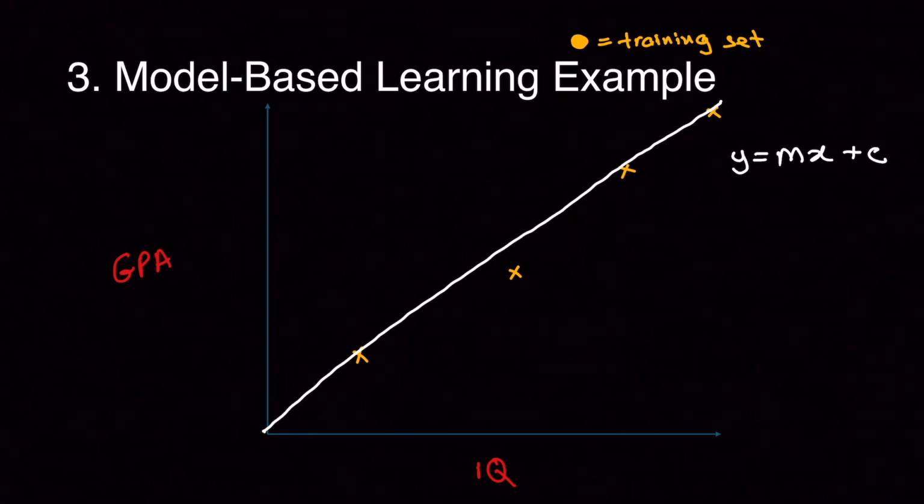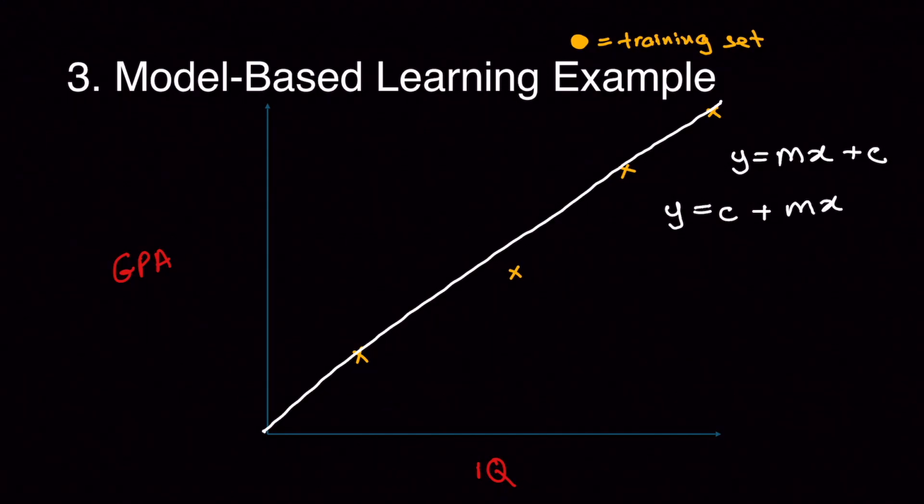Now in machine learning, they have a different convention. So I'll just rearrange this for you for a second. y equals c plus mx. So this is the same formula we learned in high school. But the machine learning convention is that the Greek letter theta is used instead of these letters here.